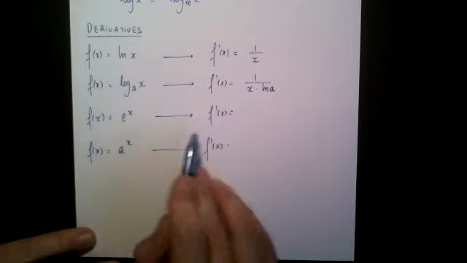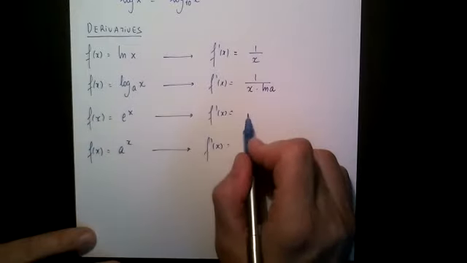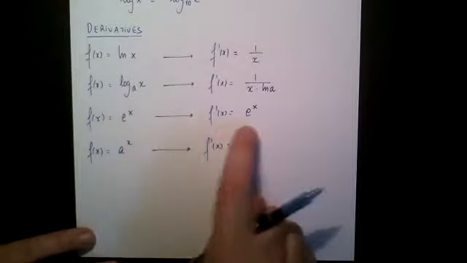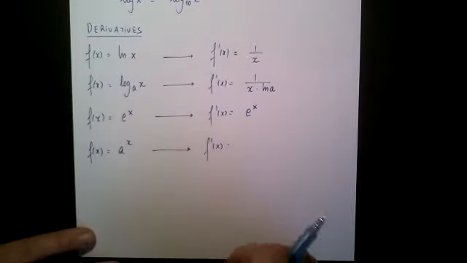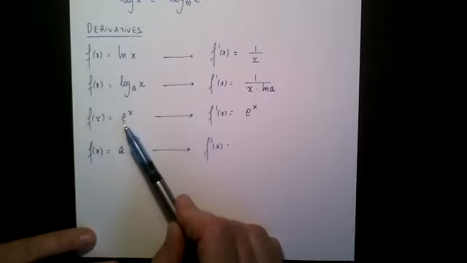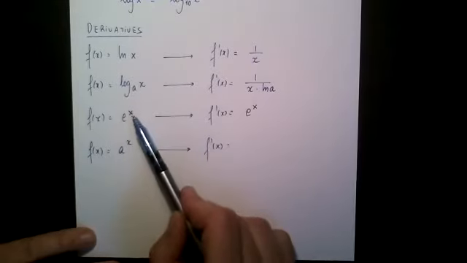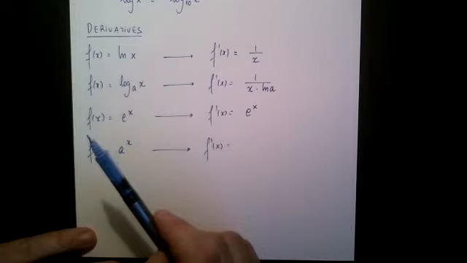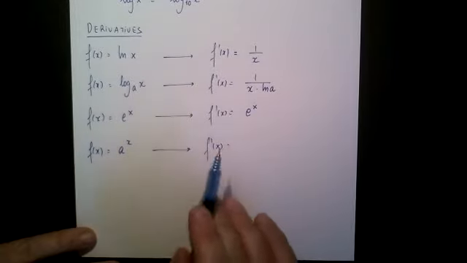And e power x, the derivative of e power x is just e power x. It stays itself. That's what's so crazy about this number. If you do 2.718281828 power x and use the derivative, the slope is exactly equal to the value of the function. We'll talk about that soon.